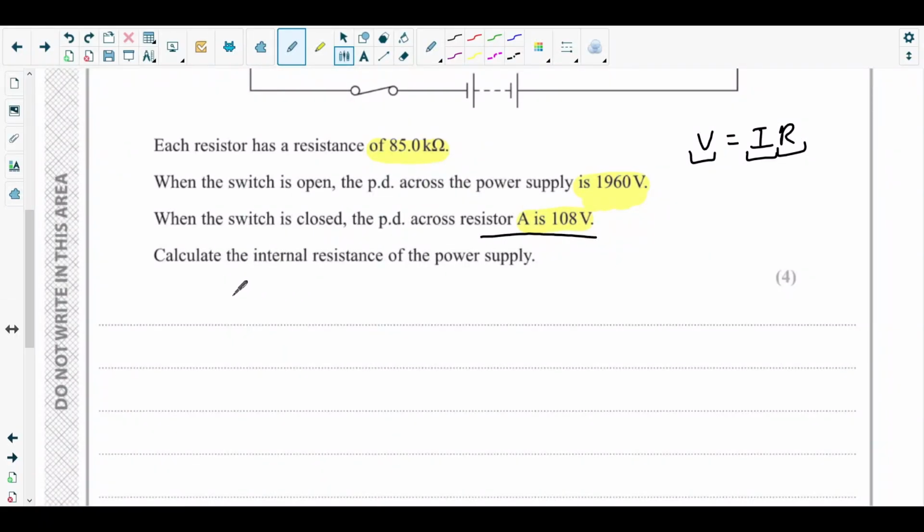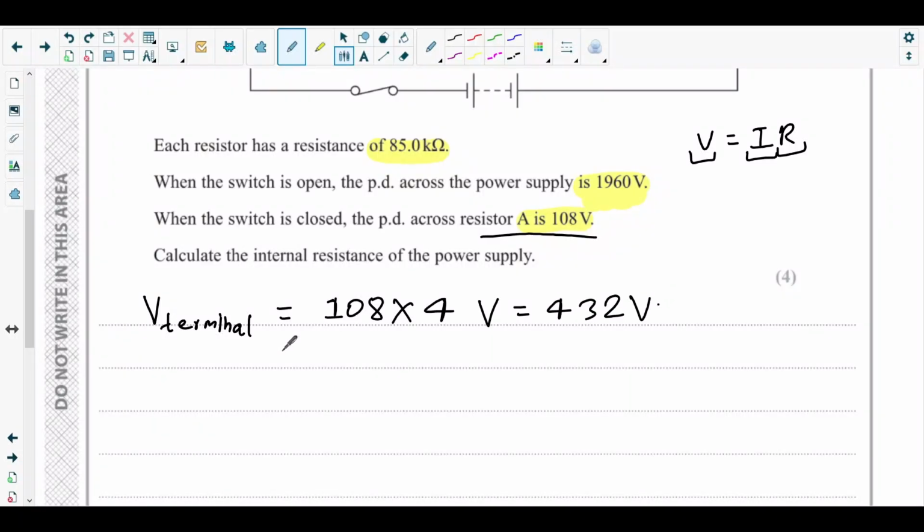Let me show you the workings. Effective PD is called the terminal PD. V terminal equals 108 times 4 volt, that is 432 volt.